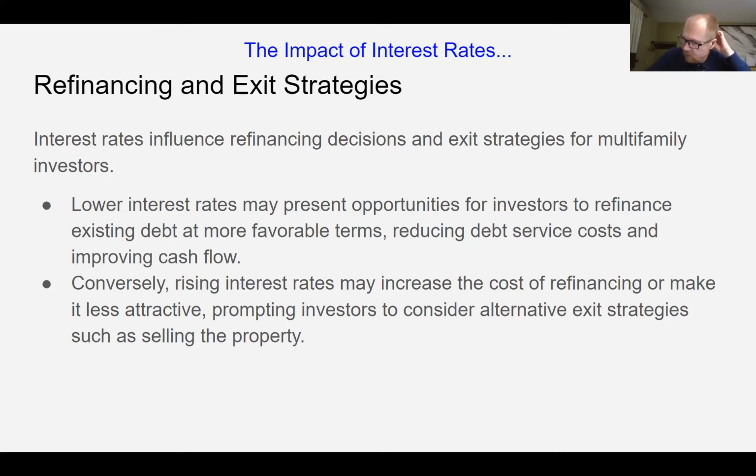When you're stress testing the deal, is your deal still profitable if there is a higher refinance interest rate? But it's also, as Jeff mentioned, on the exit: what if you need to hold the property for another couple of years?